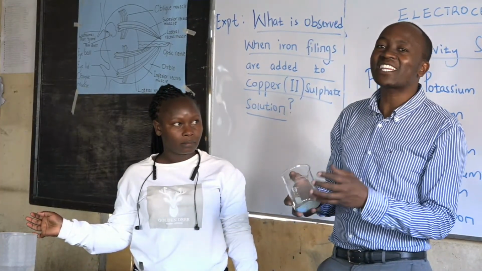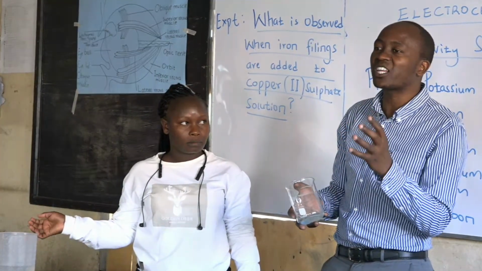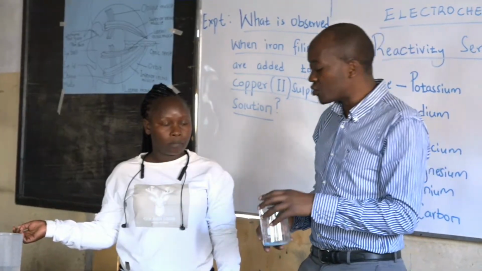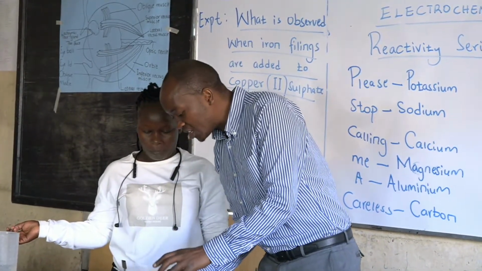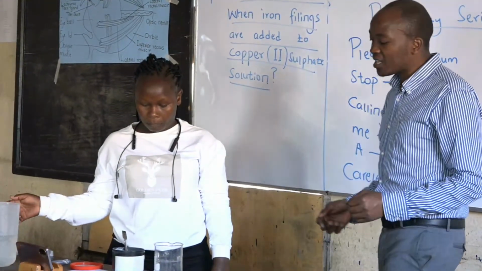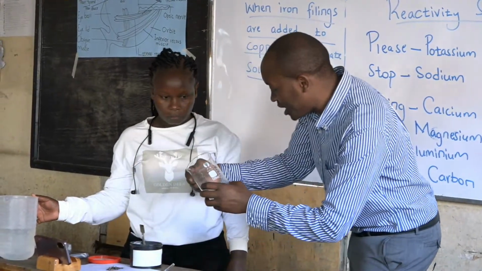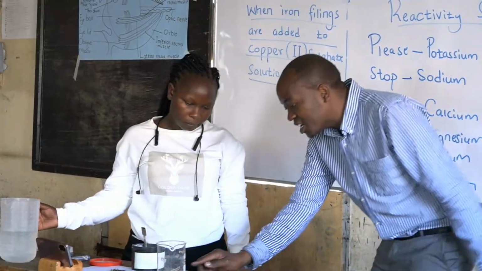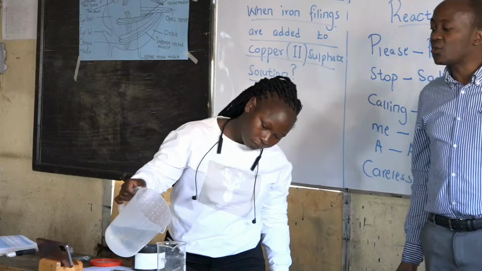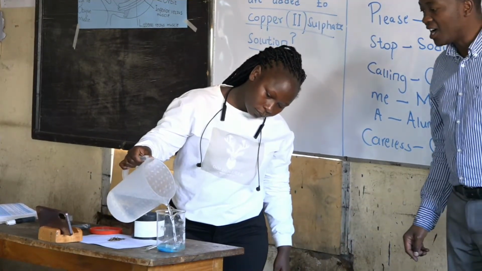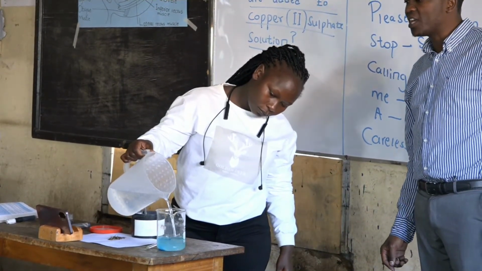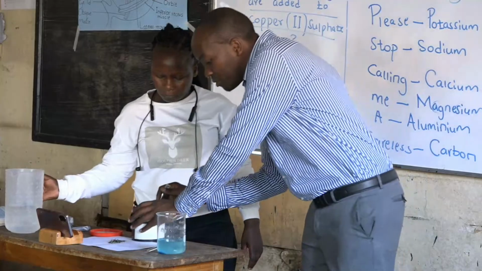When it is anhydrous, losing the water of crystallization, it changes to white, right? So she's going to add some water, approximately 200 cubic centimeters, 200 ml. Then she's going to stir using a stirring rod. Very good. Up to there is okay. Let me just add some more.